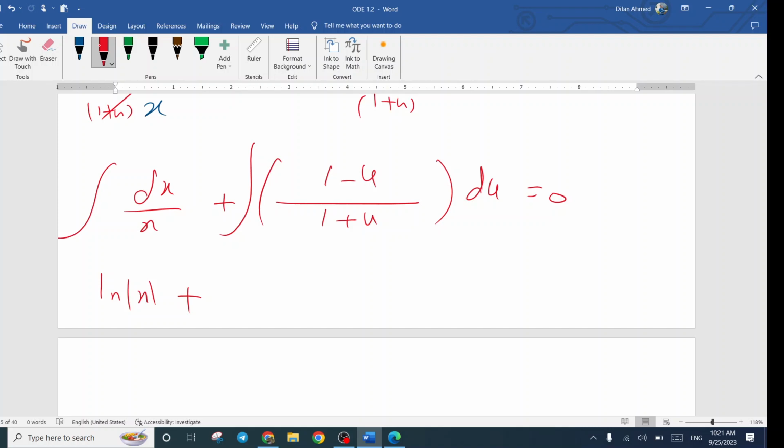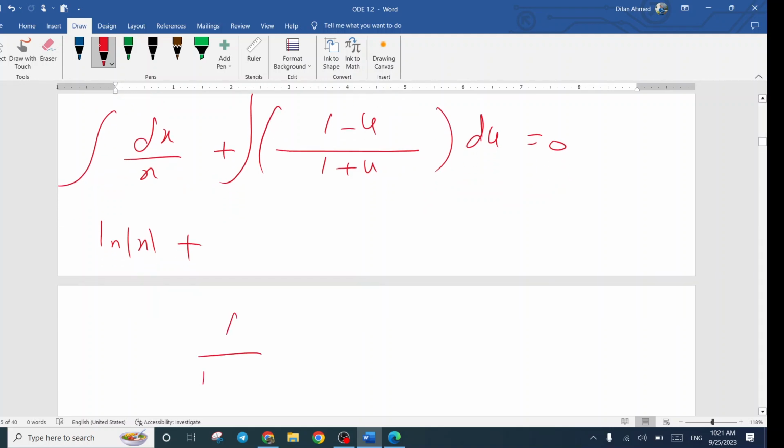In Cal 1 and Cal 2 you learned this. Tan or tan inverse, you mean? You can do it with 1 plus u minus u over 1 plus u. You are right, you can do it like that. Okay, what else?